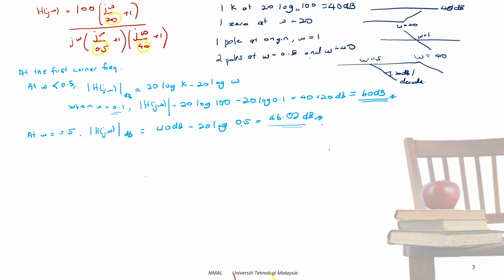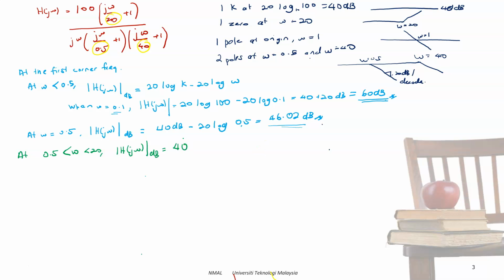Okay, now we want to move to the next corner frequency, which is 20. So we want to plot from omega 0.5 to omega 20. So what we have now here is, at omega between 0.5 and 20, we put the value H j omega dB is equal to 40.